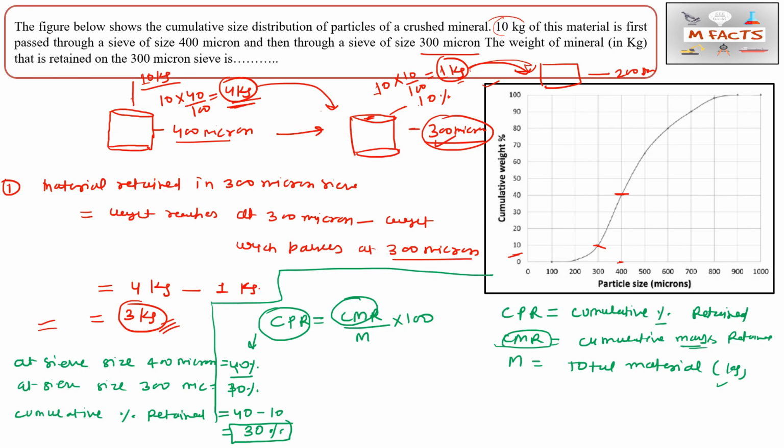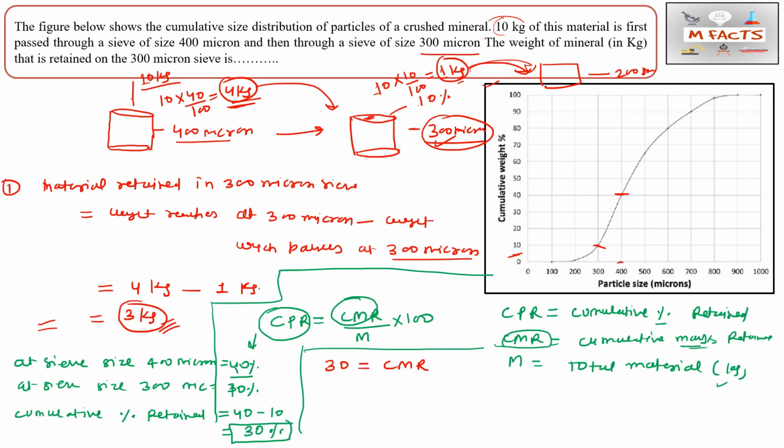Okay, so now we will put this value in the formula, that is CPR 30 is equal to CMR by 10 into 100. We need to find the CMR, the cumulative mass retained. This cumulative is basically for individual mesh sizes. Suppose we are using only that size mesh, then only we can find this cumulative mass retained.